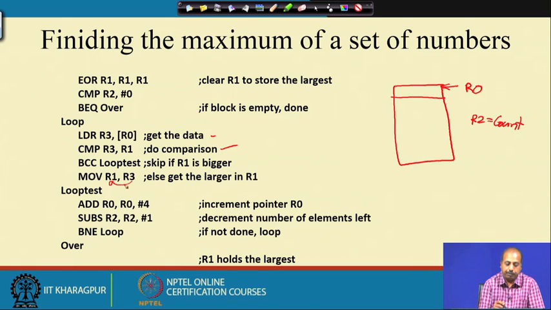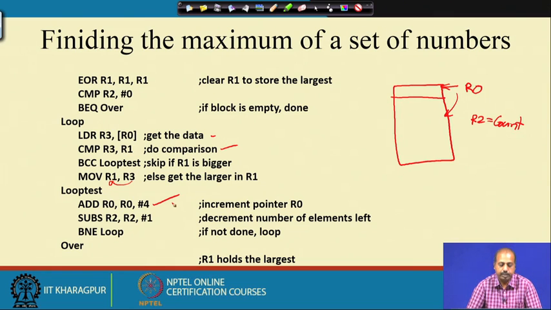And then after that, I should go to the next number, and since these individual numbers are 32-bit numbers, R0 should be incremented by 4 so that we come to the next number. So, increment pointer R0.